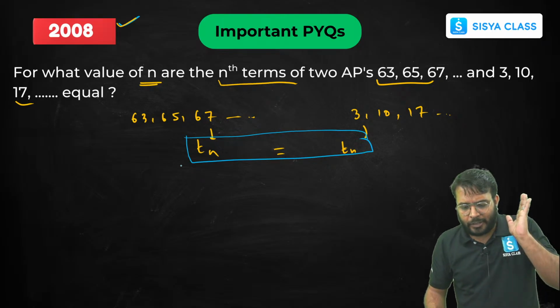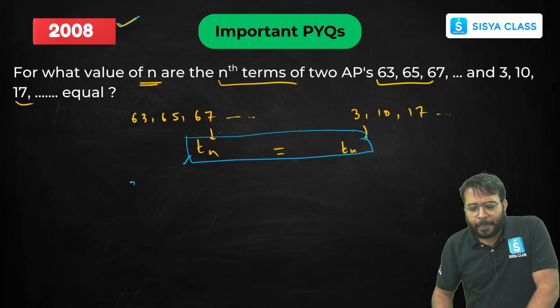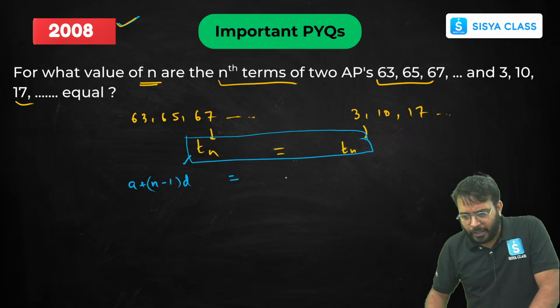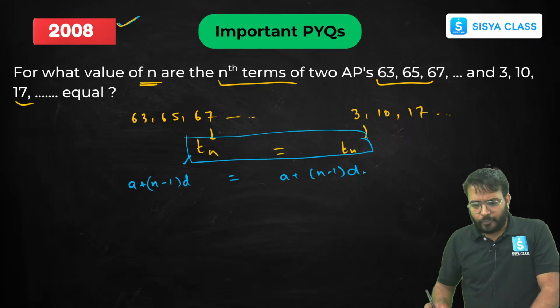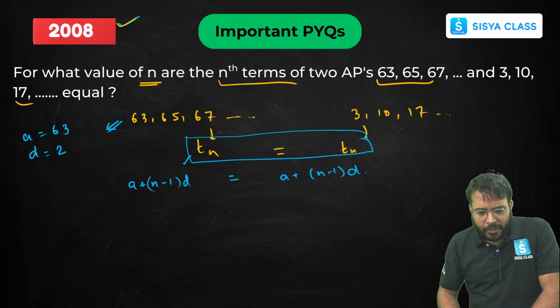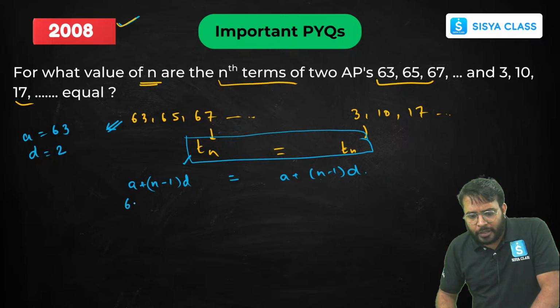So the nth term is a plus n minus 1 into d, equal to a plus n minus 1 into d. For this sequence, your a is 63 and your d is 2, so I can substitute a as 63 and d as 2.